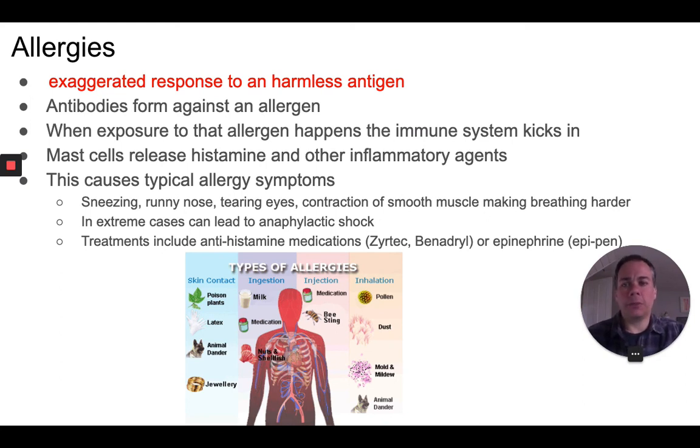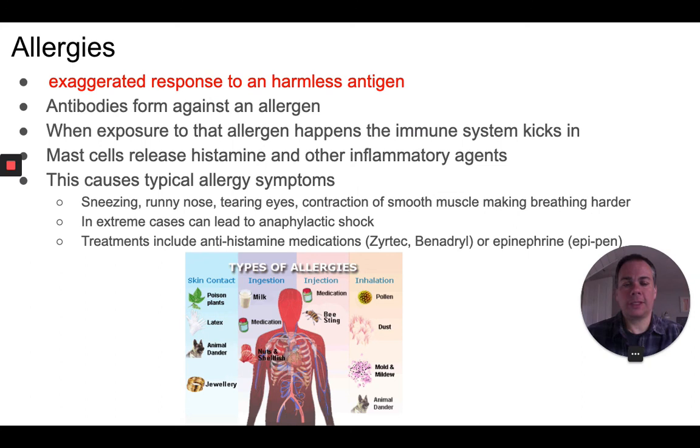For some reason, people that have allergies start an immune response when they're exposed to those allergens. The cells of the immune system release chemicals called histamines and other agents that cause inflammation. The things we think of as allergy symptoms are caused by these inflammatory agents that are released: sneezing, runny nose, tearing eyes, swelling of the throat.